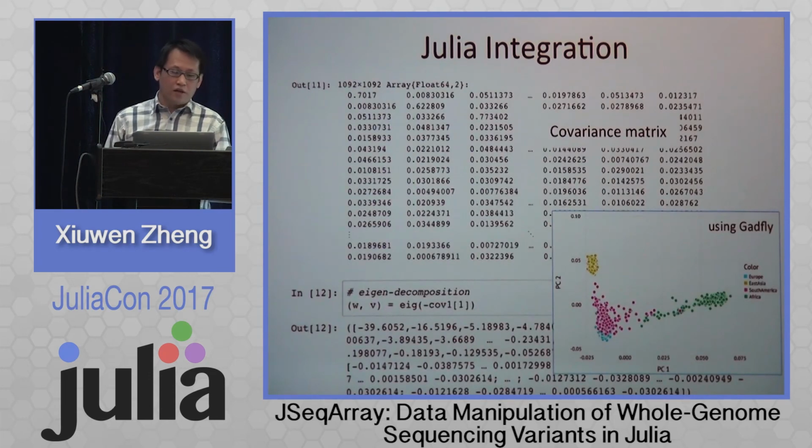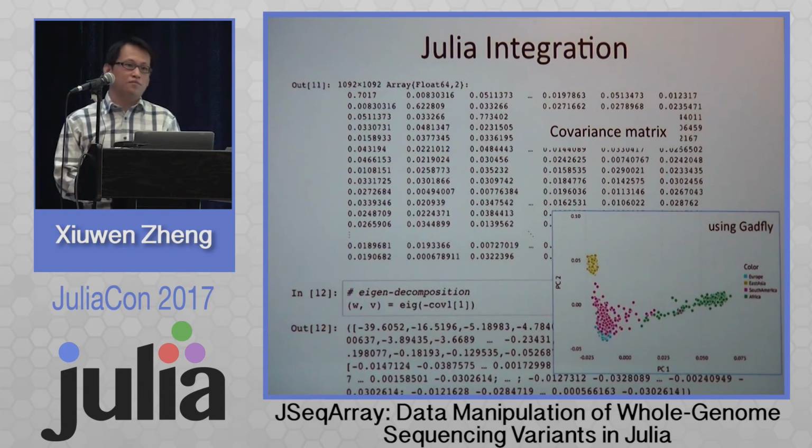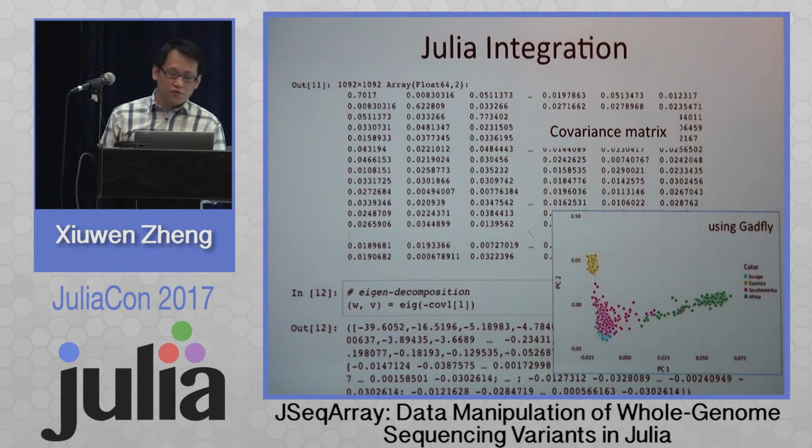The output is a scaled covariance matrix. We conduct eigen decomposition on this matrix. The figure shows you the first and second eigenvectors, that is, the top 2 principal components. The study individuals have different colors according to their ethnic groups.